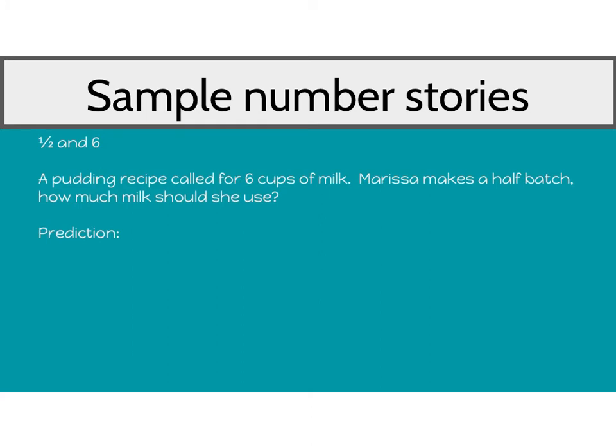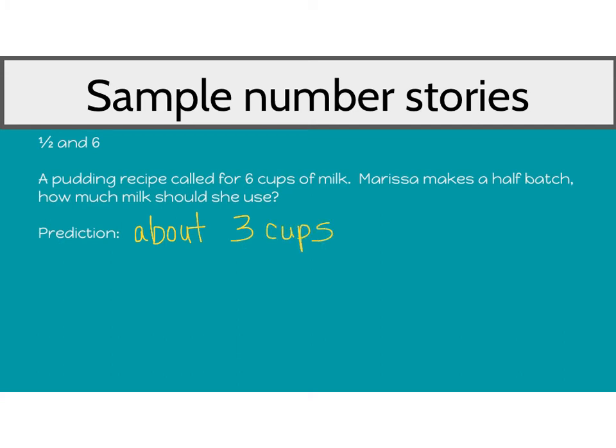She's making half of a batch. So we would need half of 6 cups. Well, I'm thinking that I already know the answer to that question, but I still need to make a prediction. So my prediction is going to be about 3 cups.